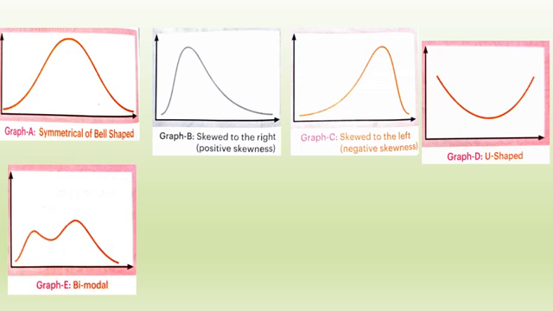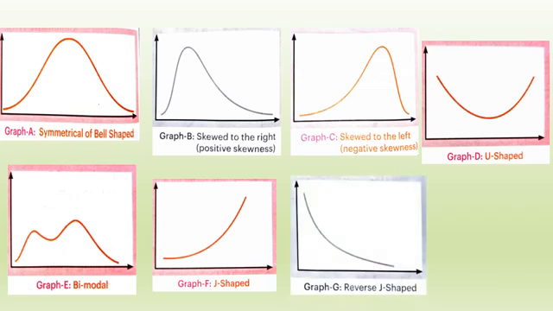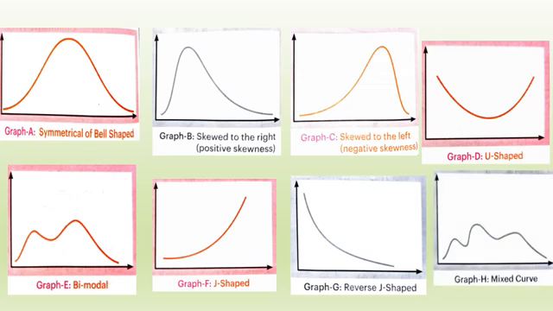The next one is bimodal curve, in which there are two classes with highest frequencies. Next one is J-shaped curve, which is in the shape of English alphabet J. Next one is reverse J-shaped curve, drawn when there are highest frequencies corresponding to the lowest values or the initial class intervals. And the last one is mixed curve, a curve in which there is no specific pattern of the frequencies.